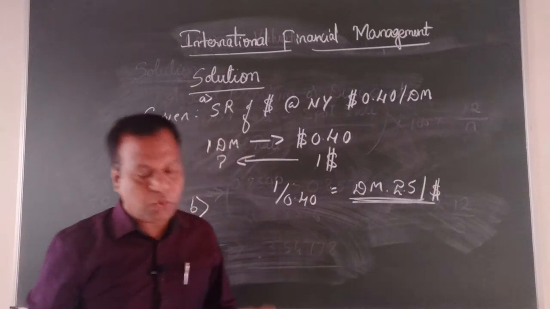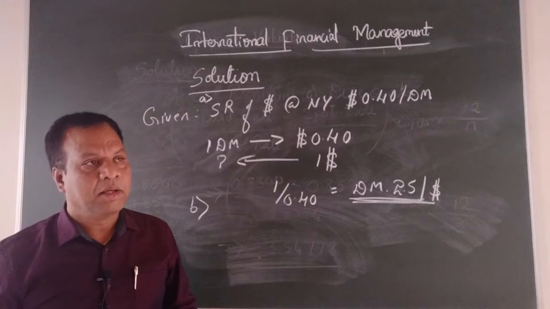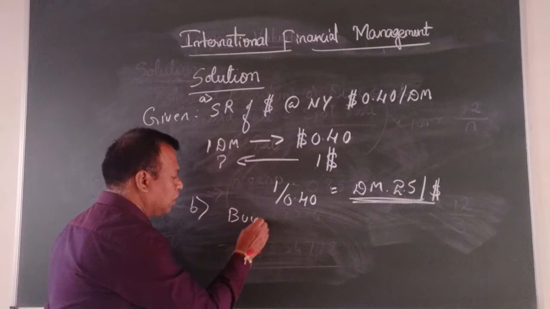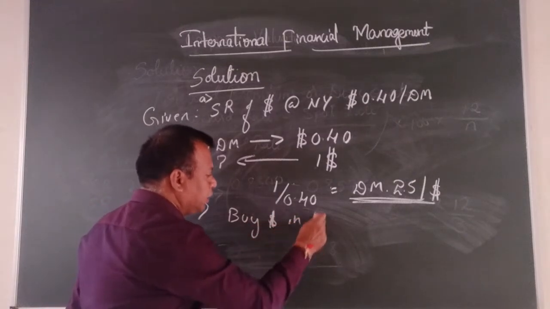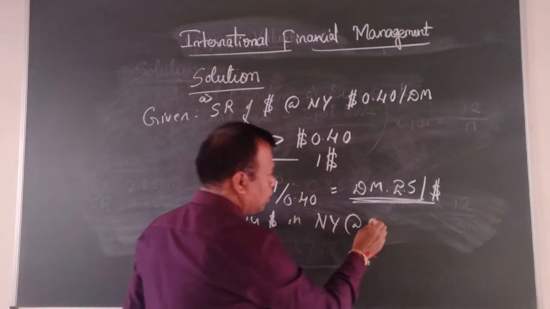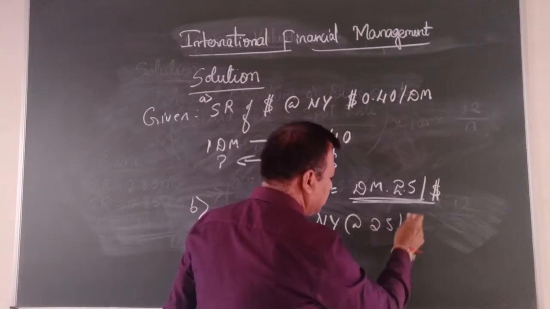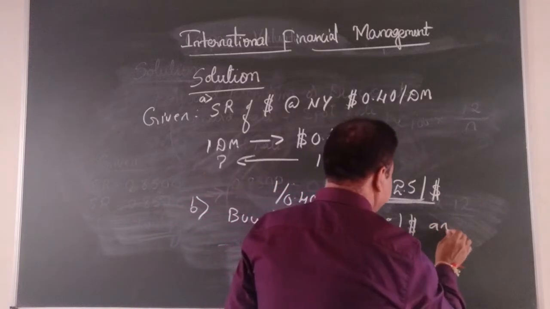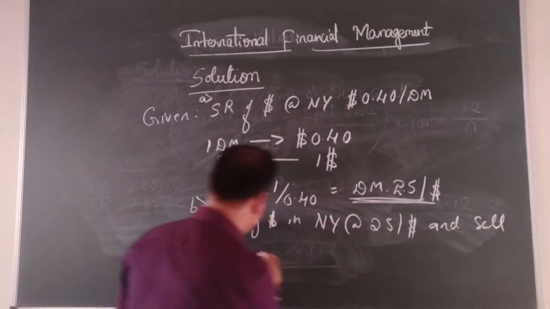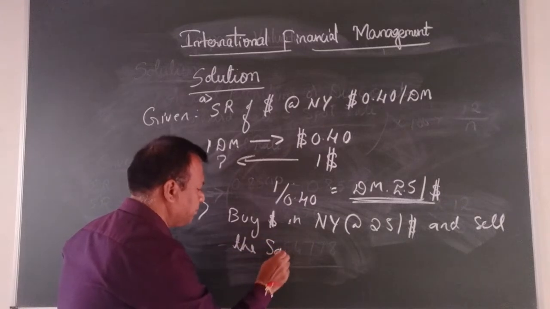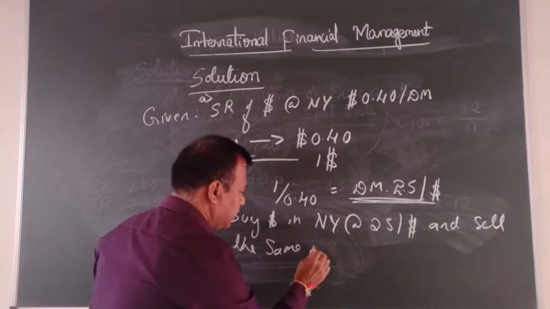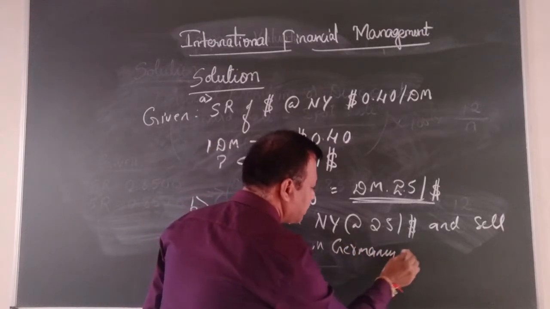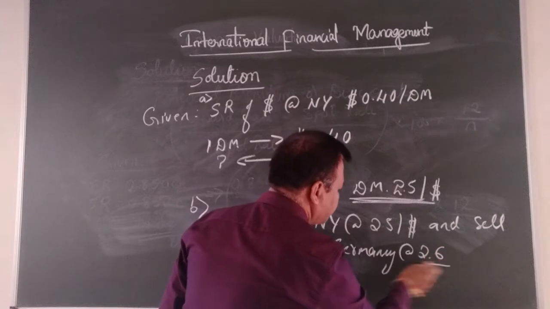If 2.6 is quoted in Germany, then buy dollar in New York at 2.5 per dollar and sell the same in Germany at the rate of 2.6.